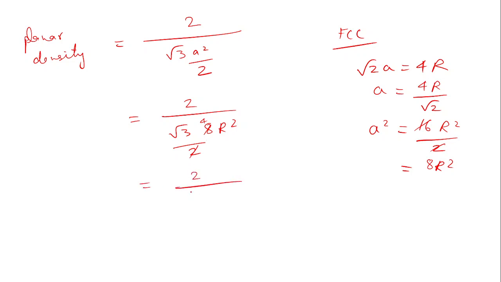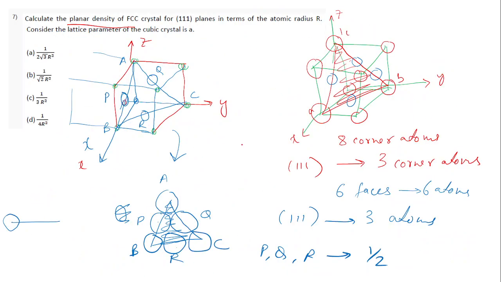So 2 divided by 4, root 3r square. This will also cancel. It will be 1 over 2 root 3r square. That means the planar density is 1 over 2 root 3r square.